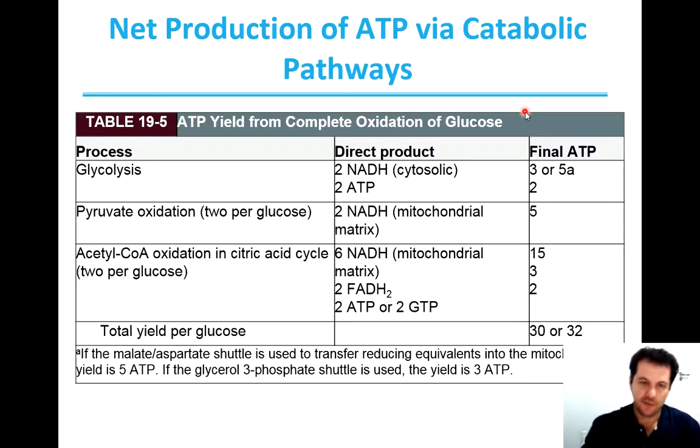At the end, we have a lot of ATP being produced by the oxidation of just a single molecule of glucose. For example, we have 30 or 32 ATP being synthesized from one single molecule of glucose.